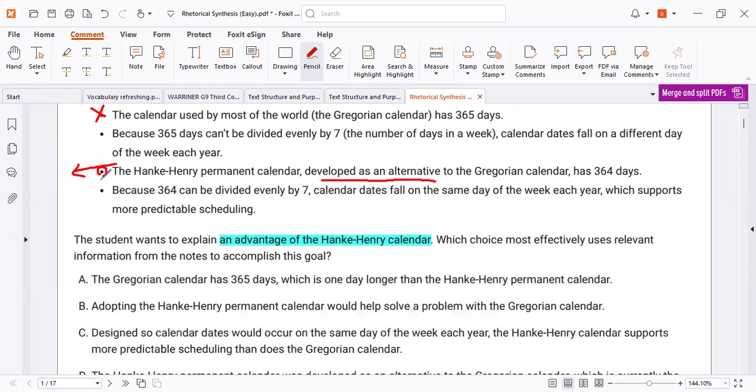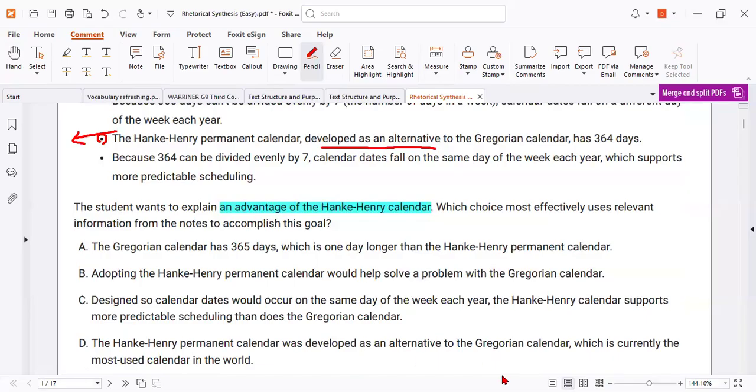Now find the similar idea in the answers. That mentioned the letter C. Designed so calendar dates would occur on the same day. Henry calendar supports more predictable scheduling. As I said here, an option. And look, permanent calendar. That means C is correct.